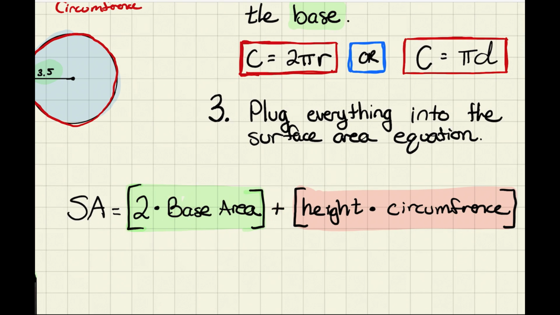Then you're going to add everything that's in the red. And in the red is the height times circumference. So this really isn't too bad. You're going to multiply the area by 2, and then you're going to take the height and multiply it by circumference. And so you're really doing two different actions and combining them together.